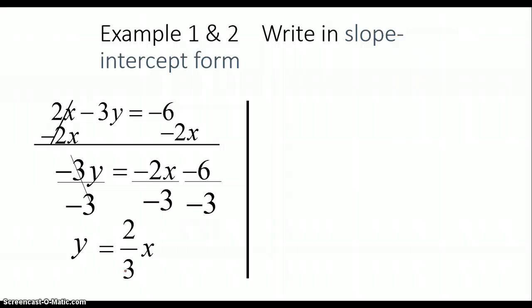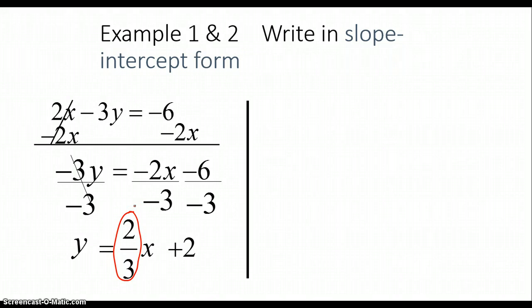And when I take negative 6 and divide it by negative 3, I'm actually going to get negative divided by negative is positive 2. So there's my equation in slope-intercept form. Y equals 2/3 x plus 2. So now that I'm looking at this equation, I can find the slope is 2/3.